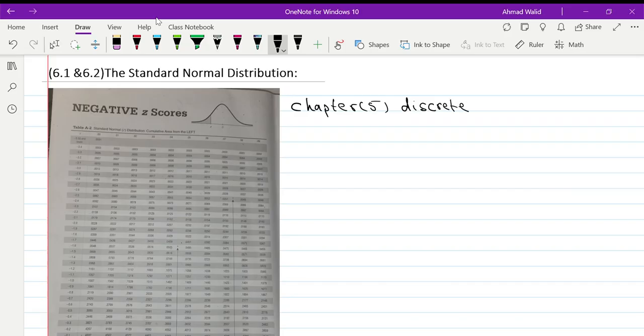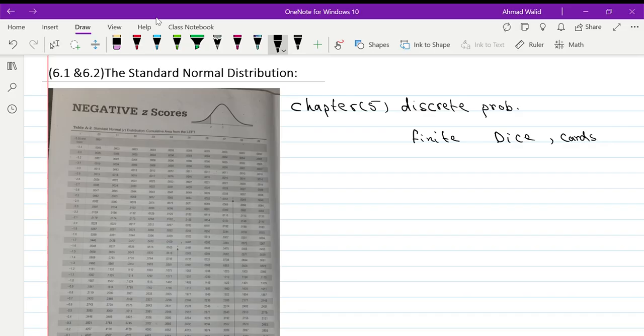We covered this in chapter 5. Discrete means finite, correct? The good examples were dice and cards, and we did a lot of examples on these, because they were countable, they were finite.